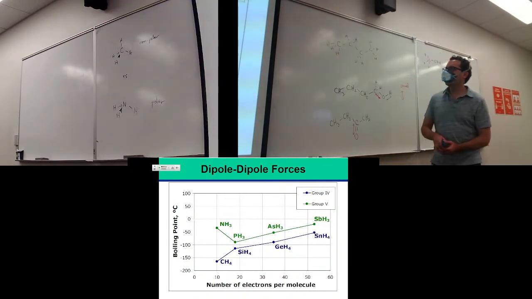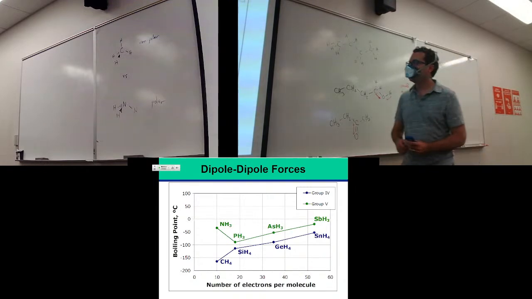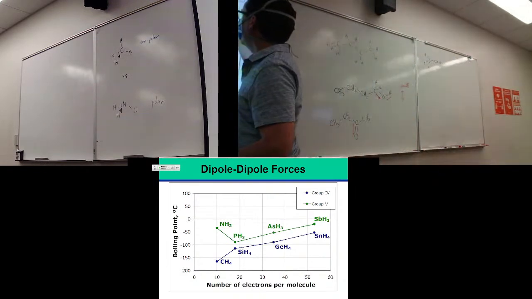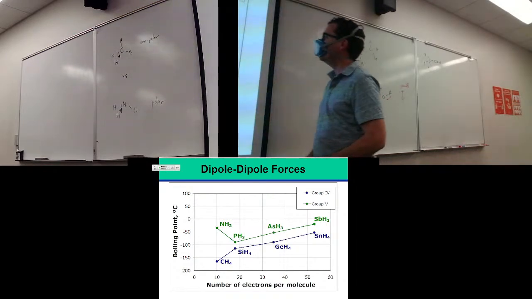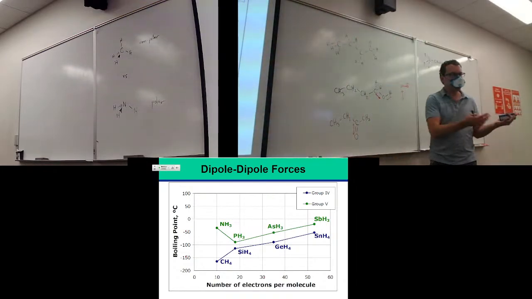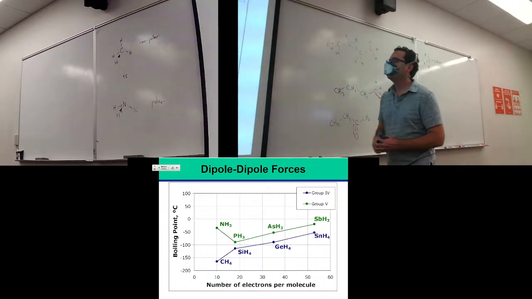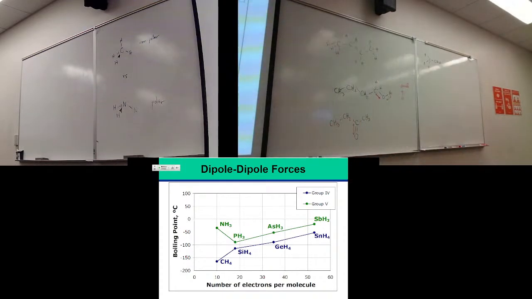So here's that chart for the group 4 and group 5. And you can see that, yeah, group 5 is higher boiling point in general. And this part here, it's because of molecular weight. As you increase the molecular weight, we've seen that the boiling point also goes up. Again, this part doesn't make any sense.